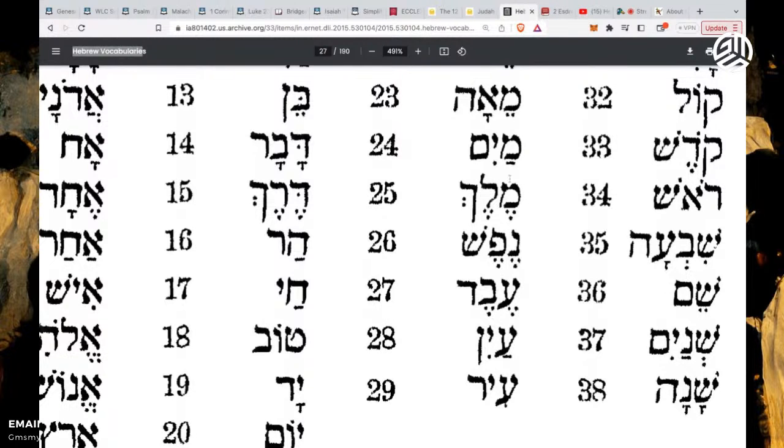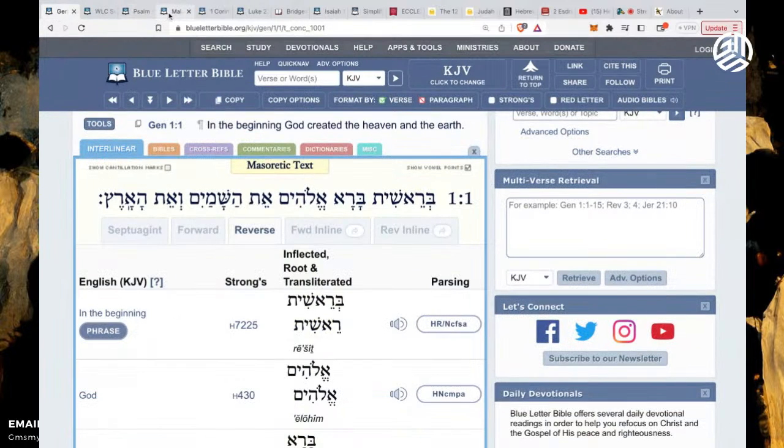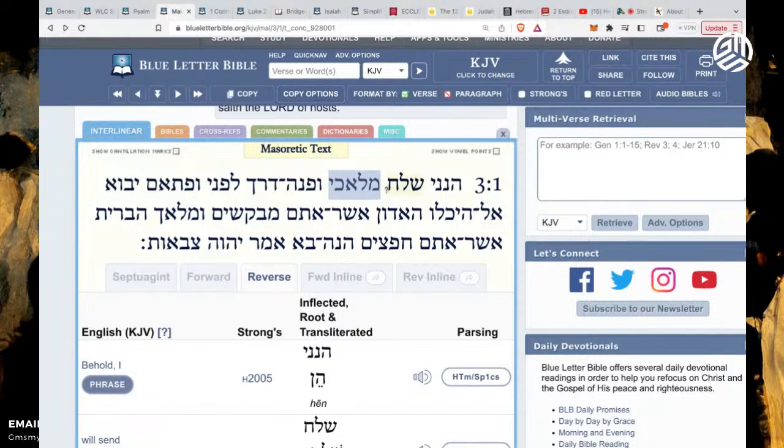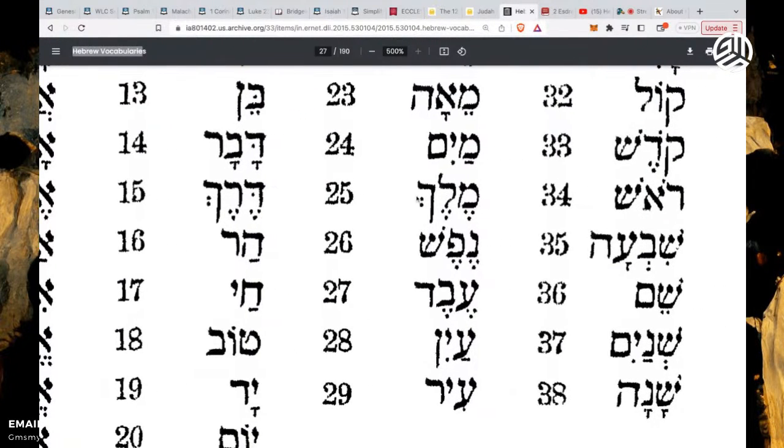Now, malak can be found in this word here, malaki. You have the letters mem, lamed, and kaf, just like how you see here, mem, lamed, kaf, right here with my mouse, number 25, to the right of number 25.